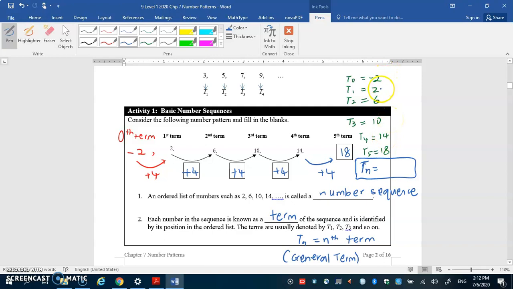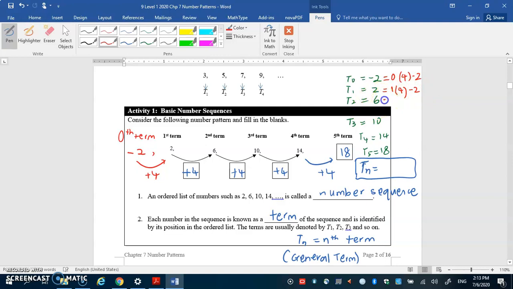Do you observe that, for example, for T0, if I take the 0 and multiply by the common difference, which is 4, and minus 2, I will get 0 times 4 minus 2, which gives me -2? How about the second one? If I take the 1 over here, multiply by the common difference, and minus 2 again, 4 minus 2, do I get 2?